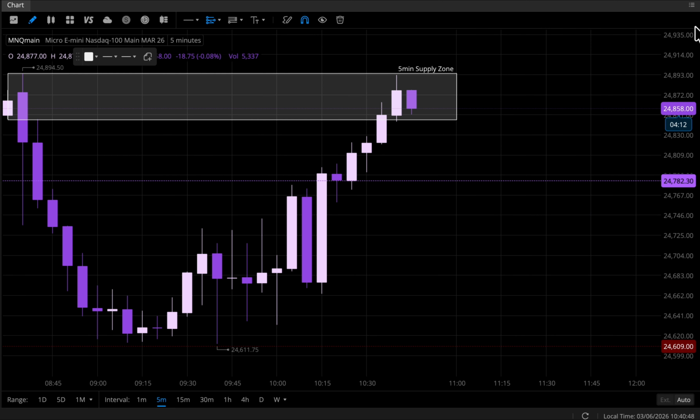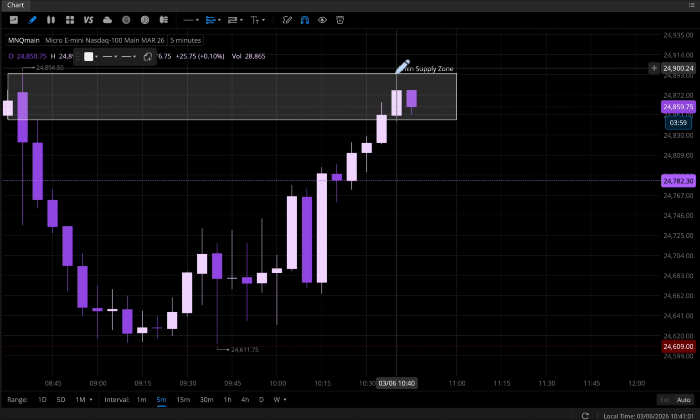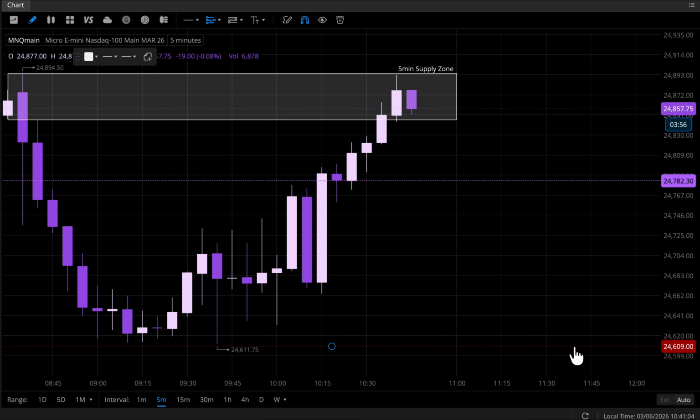So we are starting to get some pressure from sellers, but we're still in the zone. Still no close outside the zone. Almost invalidated.